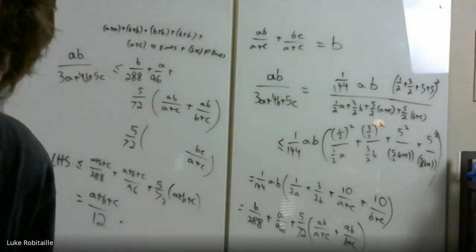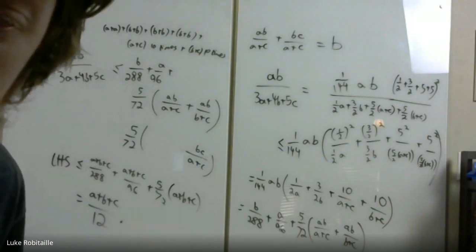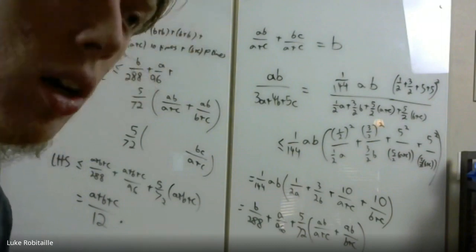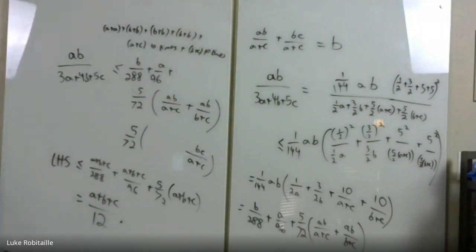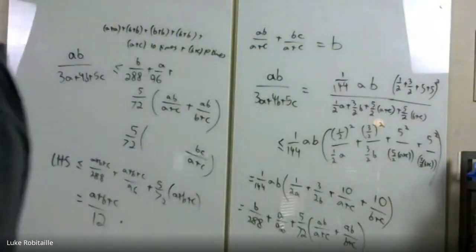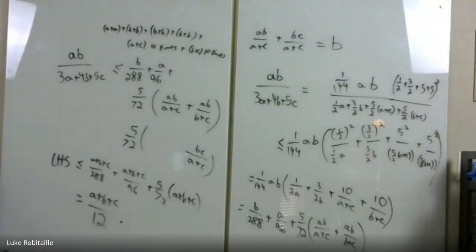Oh, someone said, is it helpful to have a strong background in calculus for solving Olympiad inequality problems? So I would say it can help sometimes, and it can especially help to be familiar with some concepts like concavity.